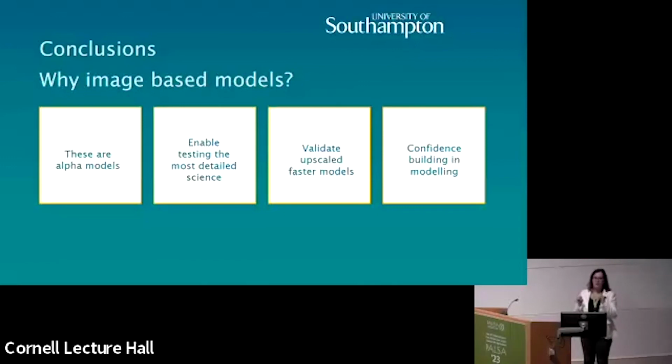These allow you to test the most detailed scientific hypotheses. And they also will allow you to validate the larger scale, faster models. Like we all know there are crop models out there, but they have lots of fuzzy assumptions in them. But we can use these image-based models now to build confidence in these large scale, a lot simpler, faster crop models.